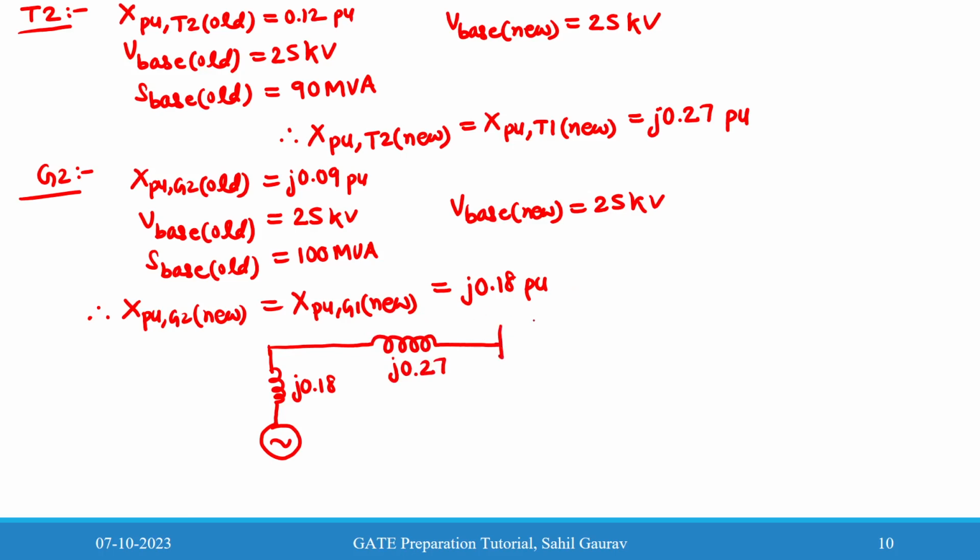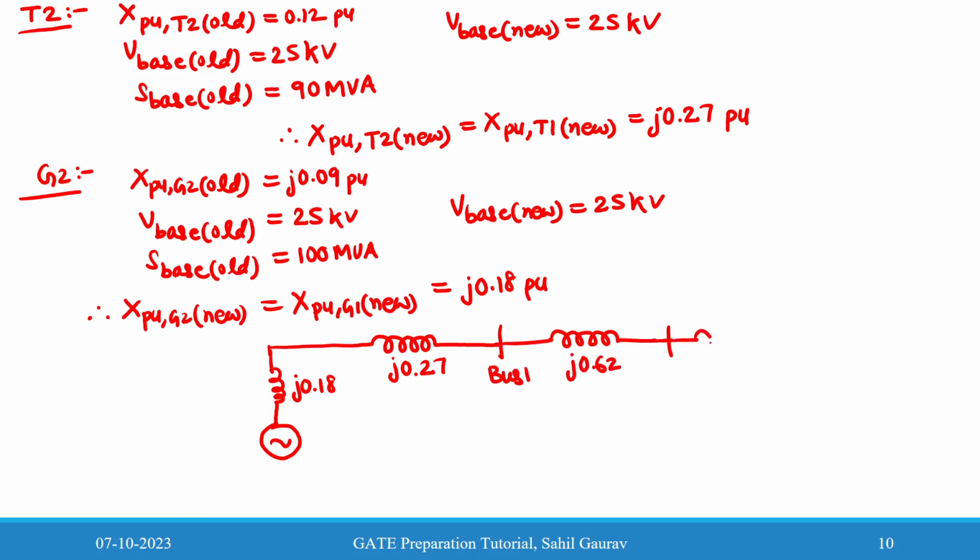Now we have bus 1, and the per unit value of reactance for the line will be 0.62.